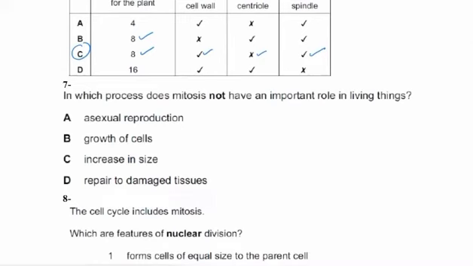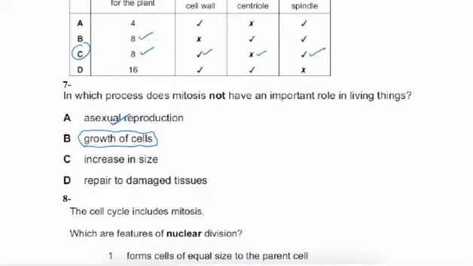Let's move towards MCQ number 7. In which process does mitosis not have an important role in living things? Okay, so we know that mitosis has a role to play in asexual reproduction, resulting in the production of genetically identical offspring, and growth of cells. Now, the students should know that the growth of cells occurs by protein synthesis and does not involve mitosis.